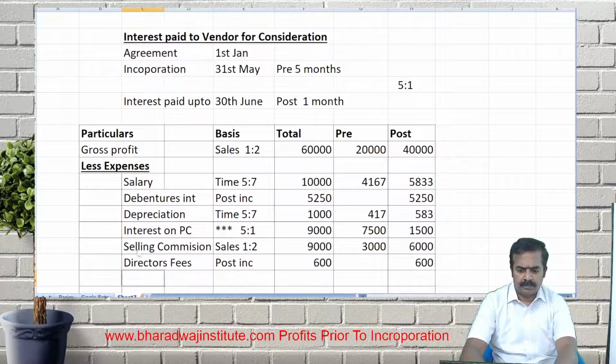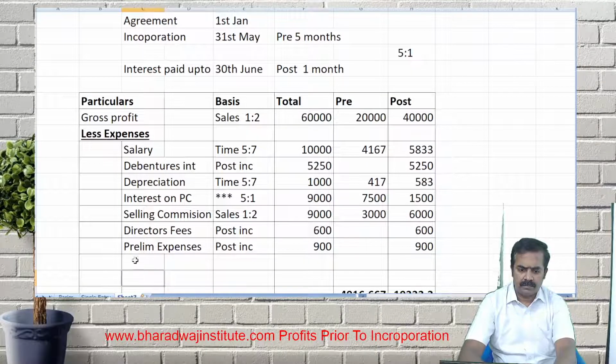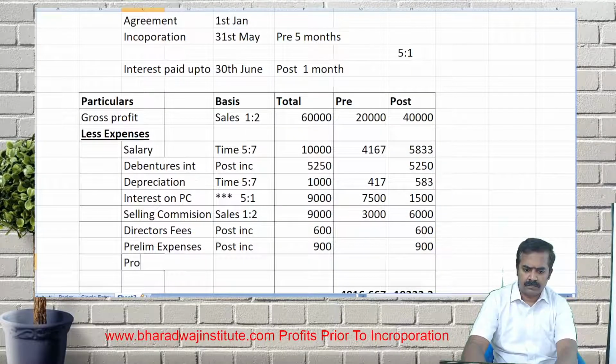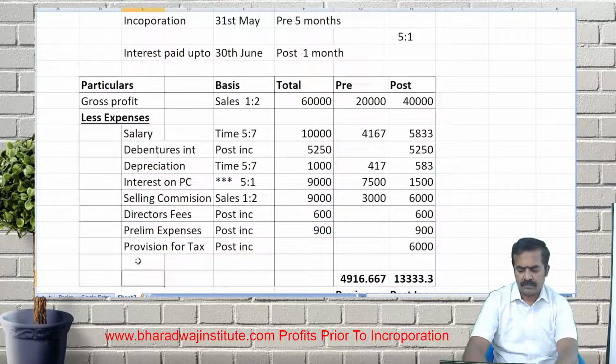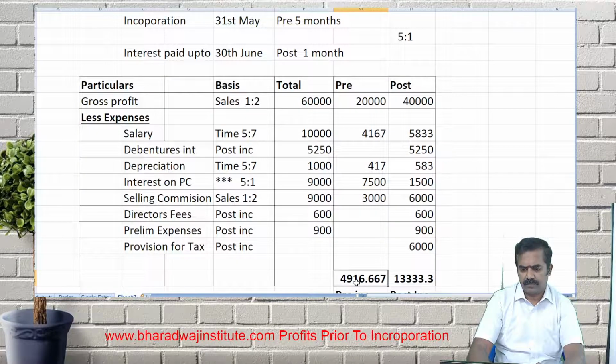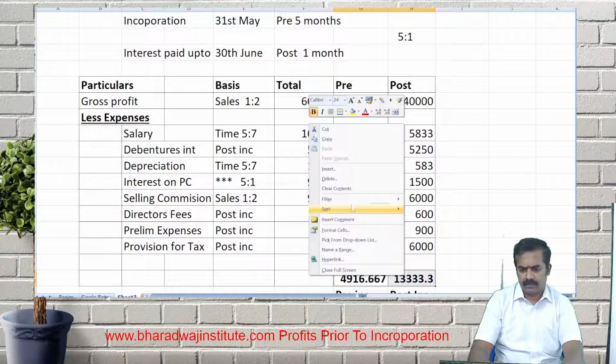Preliminary expenses, 900. Then provision for tax, post incorporation, 1000. Then dividend, freight and carriage.